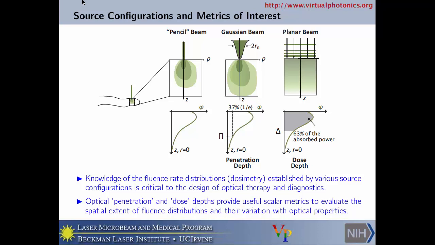So I'll be defining something called capital Pi as a penetration depth, and that's simply the depth at which the fluence rate drops off to 1 over e of the incident fluence rate. So that's important. Say you want to drive a chemical reaction at a certain rate, and that requires you to achieve a certain power per unit area at a certain depth. So this will give you an idea of how that depth may vary with optical properties or your optical parameters.